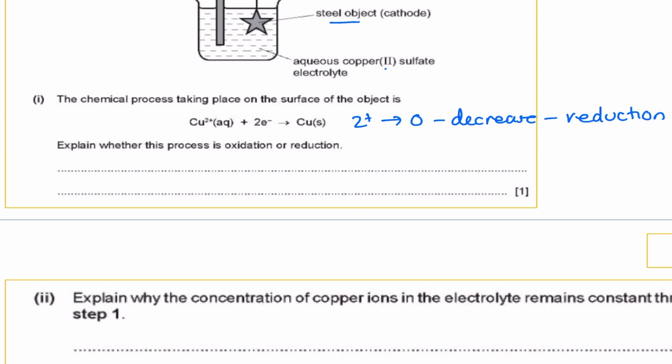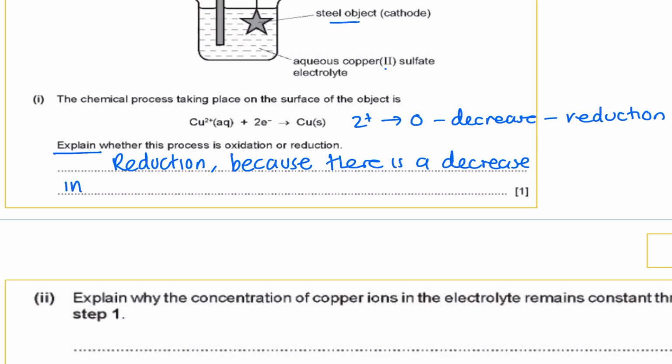Explain means you've got to do more than state. Reduction is the state, then you need a because. Anytime you see the word explain, you need the word because in your answer. Reduction because there is a decrease in oxidation state.